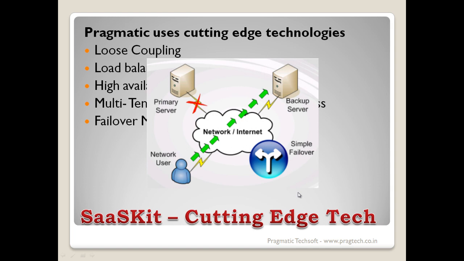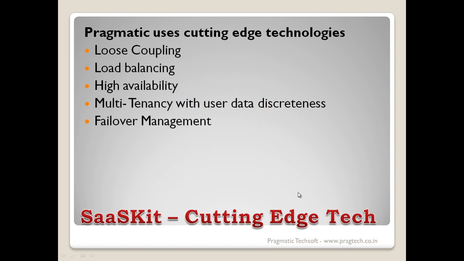And failover management comes as a part of mirroring, where we always have a backup database in place which automatically takes over, with multi-zone availability. Amazon is also used, where failover management is handled efficiently in the Saaskit.